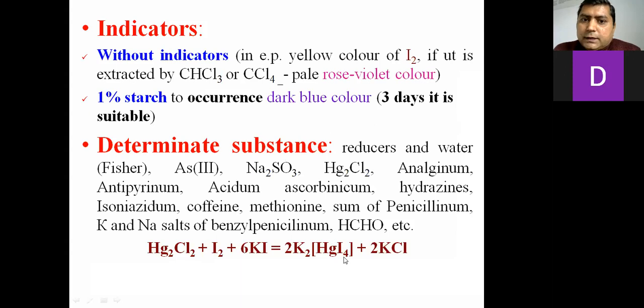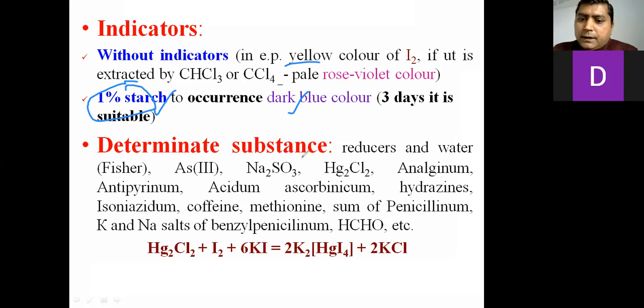Indicators that we can use: somewhere we can work without an indicator, but mostly 1% starch is used as the indicator, because starch reacts with iodine and gives a dark blue color.